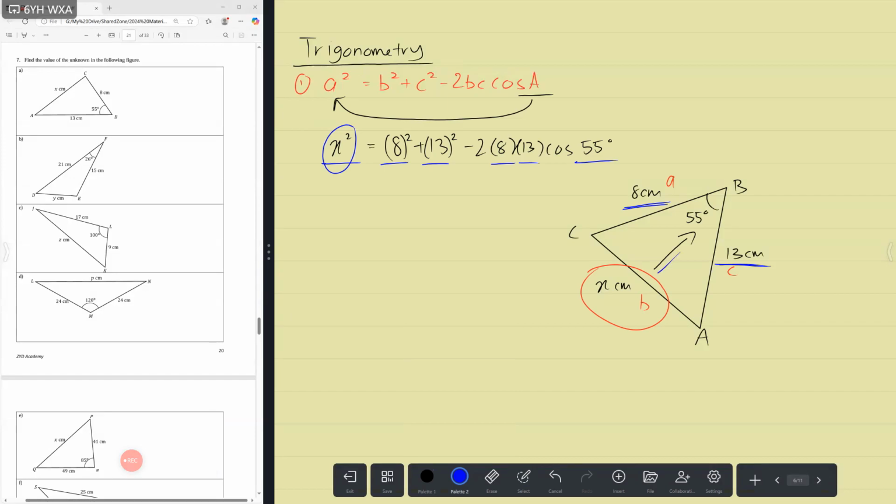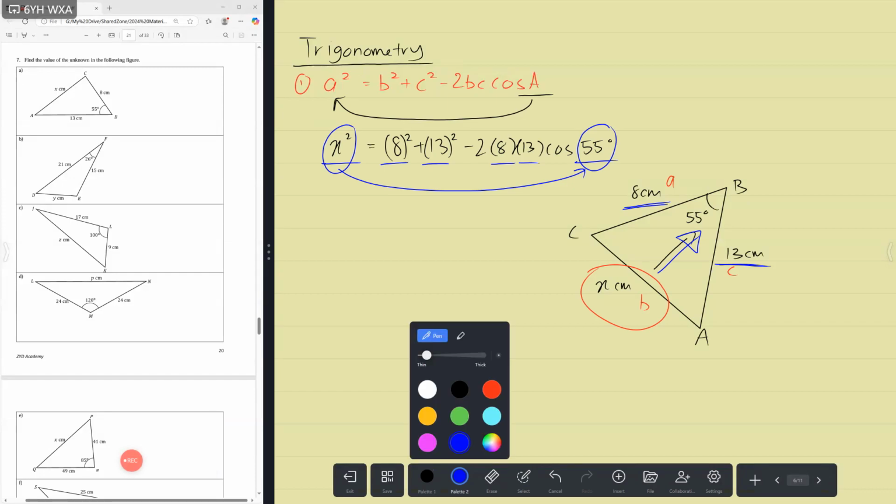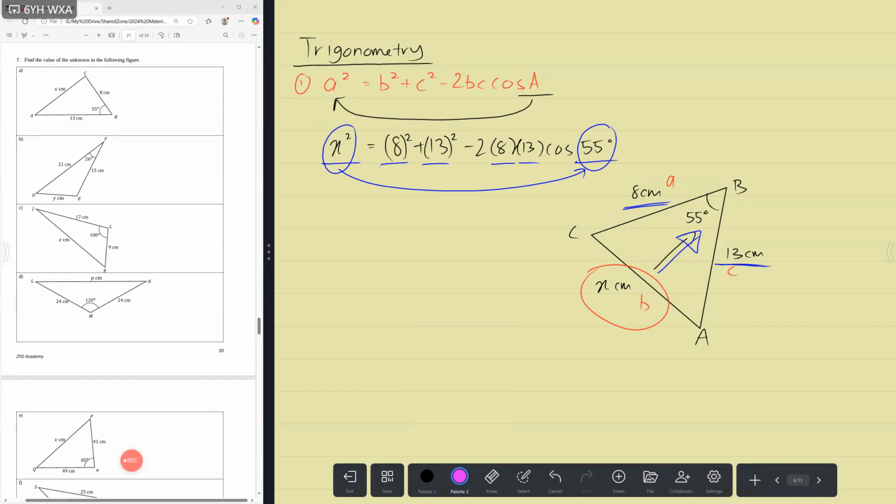So try to see the pattern here: whatever the length that you want to find, its corresponding angle must be at the end, and whatever is in the middle are the two remaining lengths in your triangle that you know the values of.